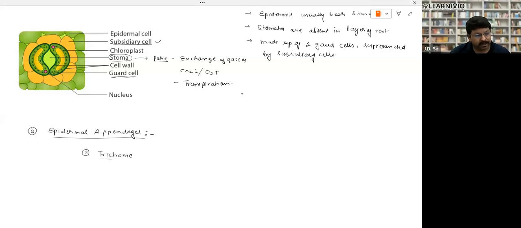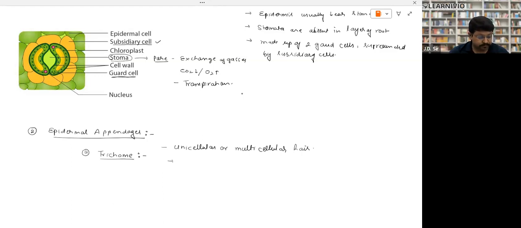I have already explained that they are found on the surface of the stem. They are unicellular or multicellular outgrowth of hair. Full stop.